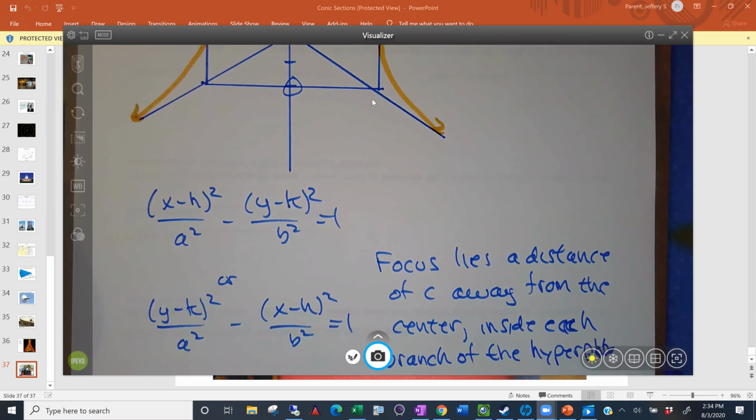Hyperbola, yeah, it'd help if I could spell.